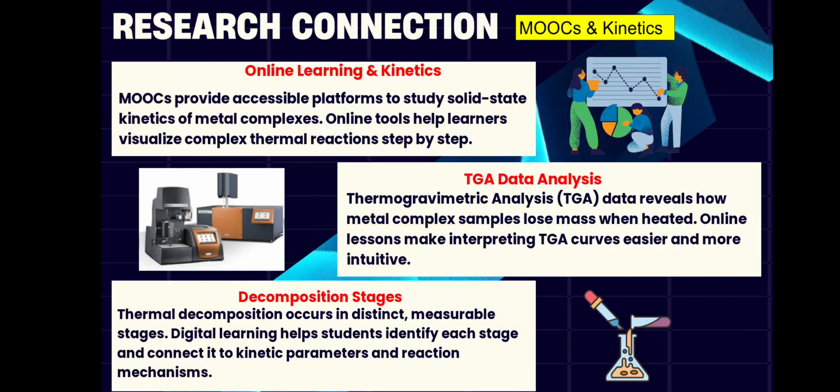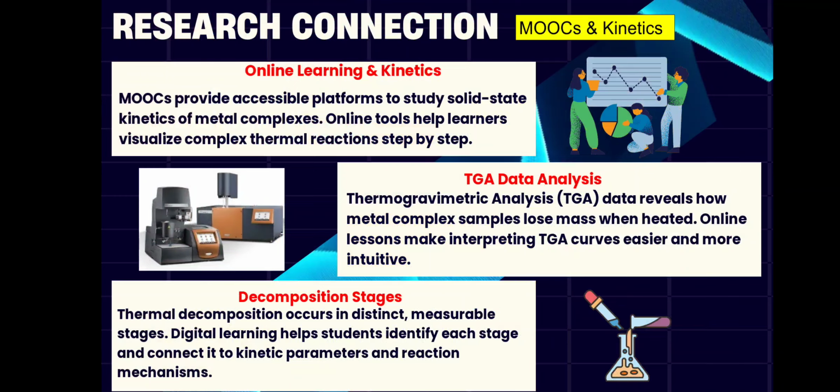This slide shows how MOOCs support the learning of solid-state kinetics of metal complexes. These online lessons explain a thermal reaction step by step, making complex concepts easier to understand. An important technique discussed in these courses is thermogravimetric analysis, or TGA. TGA shows how the weight of a metal complex changes as it is heated.